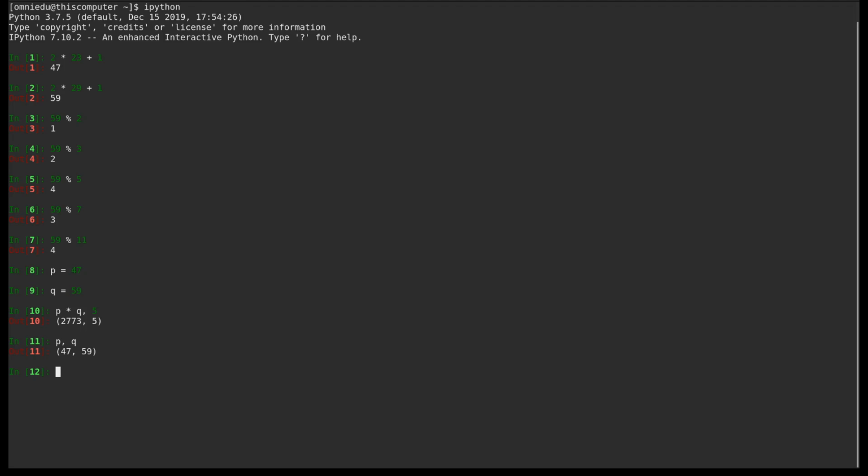first we need to look at an algorithm called GCD. GCD, greatest common denominator. So the basic idea of the GCD algorithm is that the greatest common denominator is the largest number that divides both inputs.